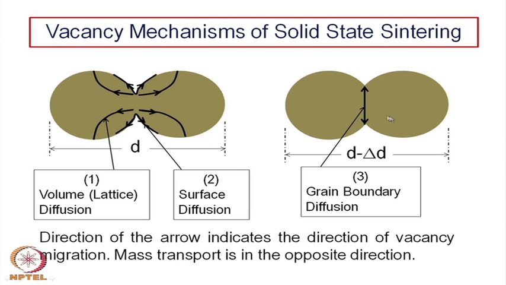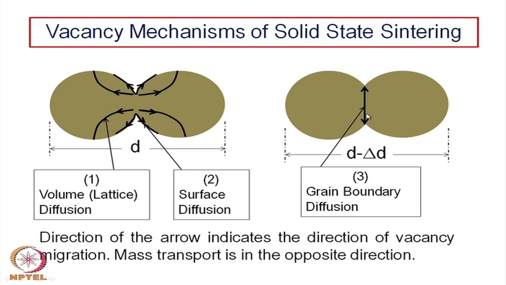Or this can go like this: the vacancies which are generated here, or the vacancies which are generated there, will go inside, because this becomes a flat surface, this becomes a concave surface, a convex surface. So, there is a gradient between this point and that point. The same thing, there is a gradient between this to that also, okay. Although the gradient is less, compared to the flat surface this is also more.